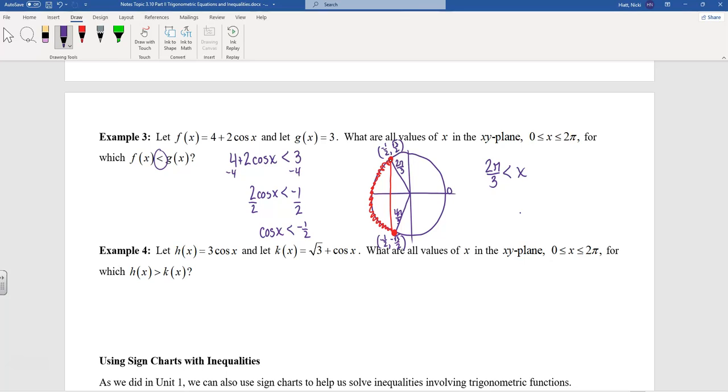Then all of these over here are answers until I get around to 4 pi over 3. So I could give my answer like this: 2 pi over 3 to 4 pi over, oh, that's wrong. It's not going to be a bracket, is it? Parentheses, 2 pi over 3 to 4 pi over 3.